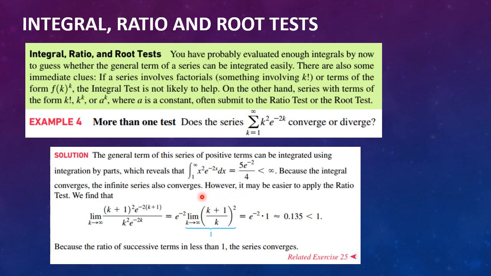What we can see here is this limit is going to go to 1, k over k, and so we get e to the negative 2 times 1, which is approximately 0.135, which is less than 1. Because the ratio of successive terms is less than 1, the series converges.